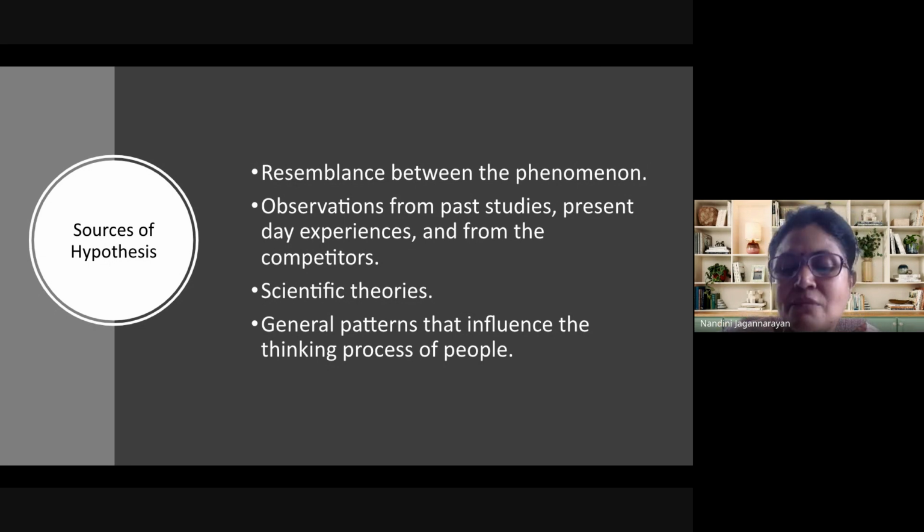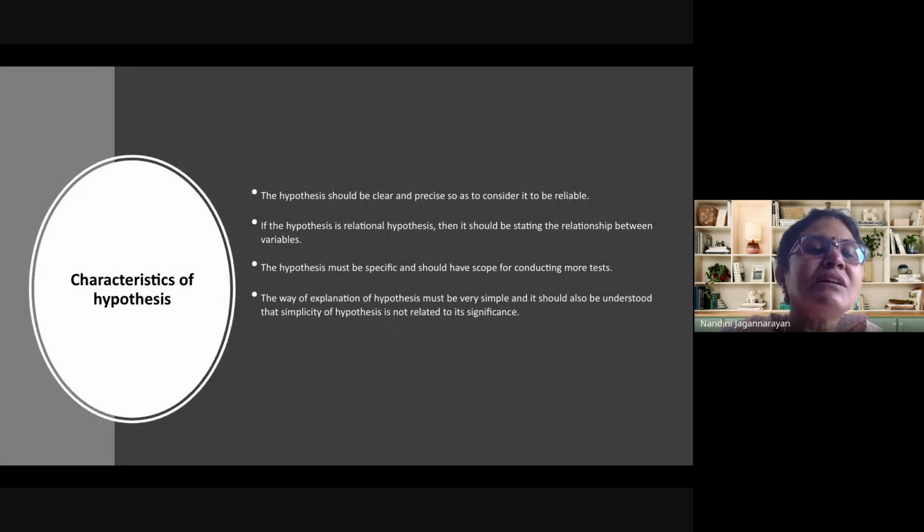For now, we started with what is a hypothesis and what are the characteristics of a good hypothesis. Any doubts so far? We will start with sources of hypothesis in the next class.